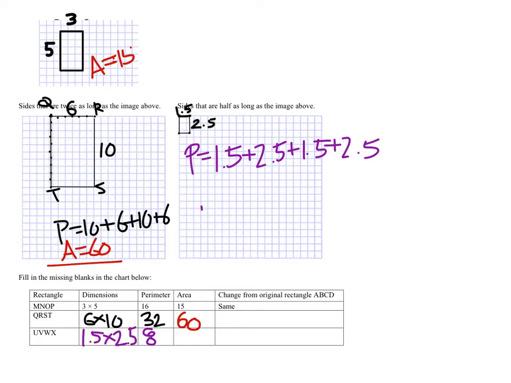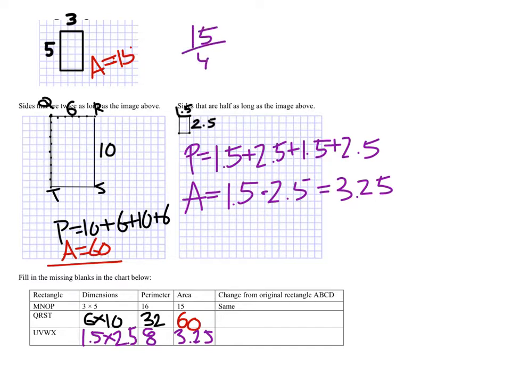And the area is 1.5 times 2.5. So the area of these is 3.75, which we could see is the 15, but we'd divide that by 4.